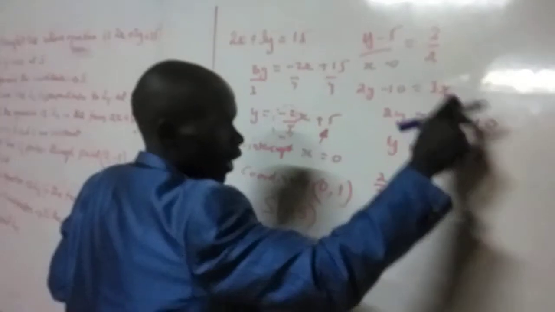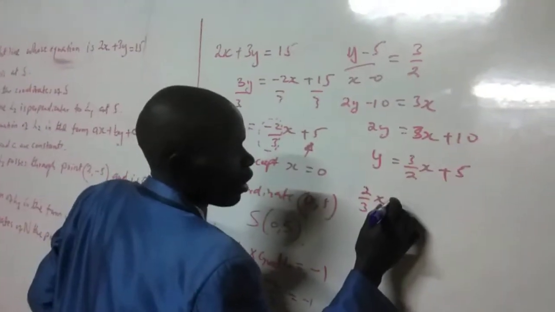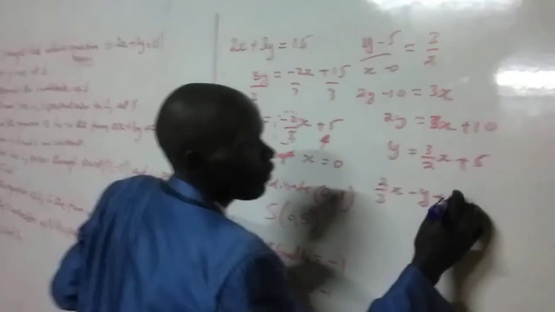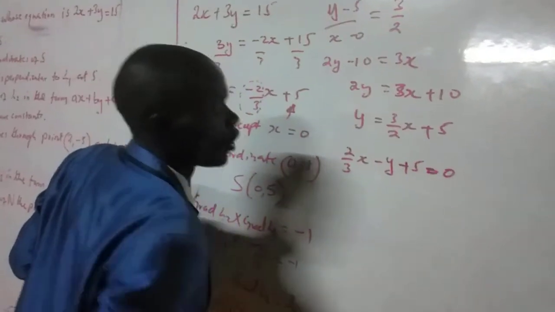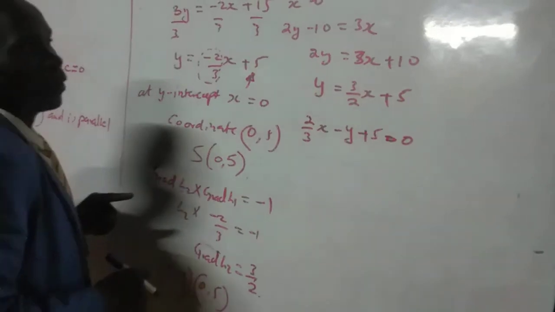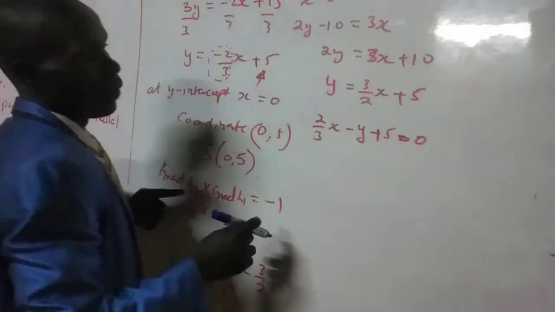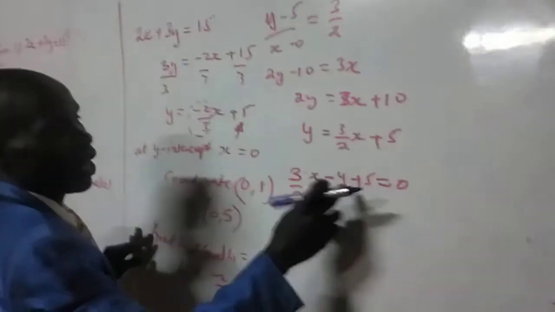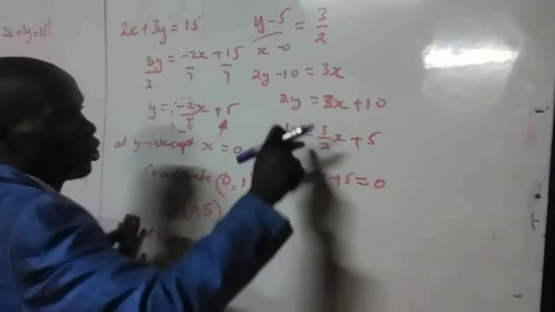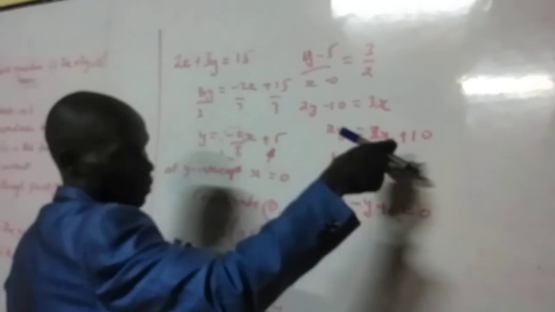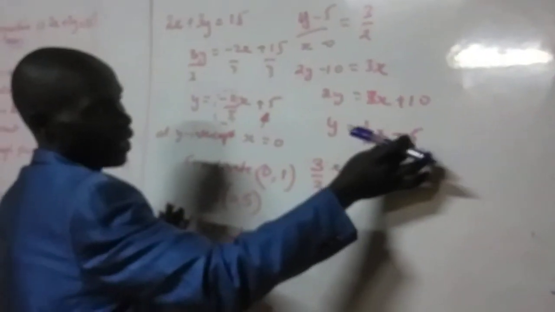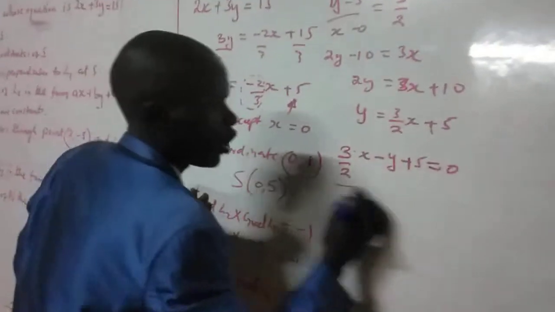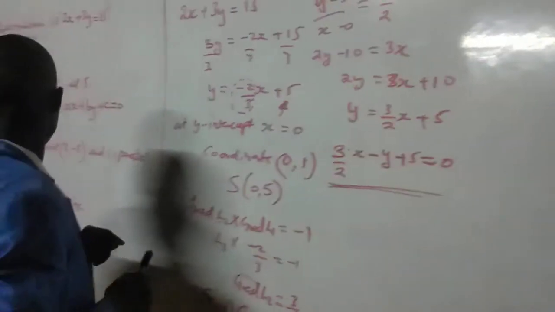When you bring this y the other side, it becomes minus y plus 5 is equal to 0. So 3 over 2x minus y plus 5 is equal to 0. We've taken y the other side and it becomes minus, and we've left 5 and 3 over 2x on the same side. So that is the equation in that form.